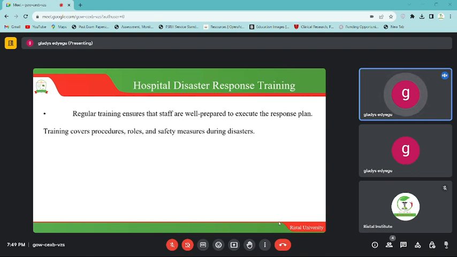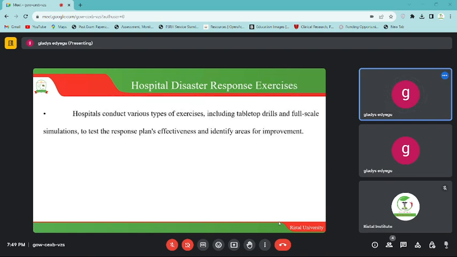So disaster preparedness is very, very important for each and every staff in the hospital, not leaving others out while others are trained. And when a disaster occurs, those who are not trained can be culprits of the disaster. So everyone at least should be given the chance and opportunity to learn and to know what is expected of him when any disaster occurs.